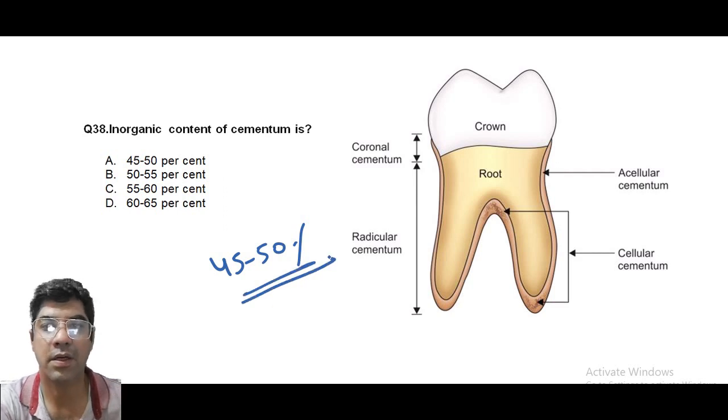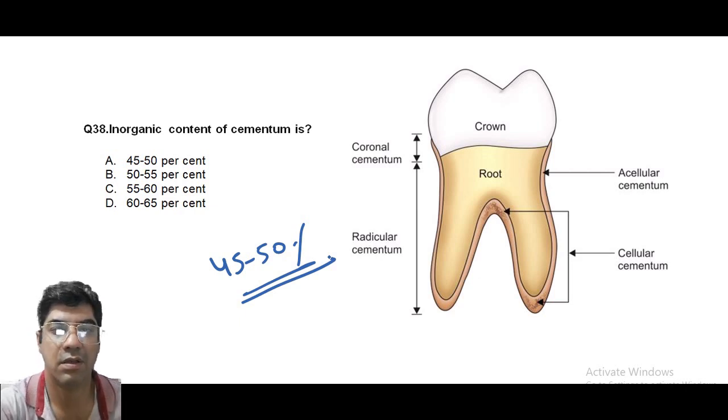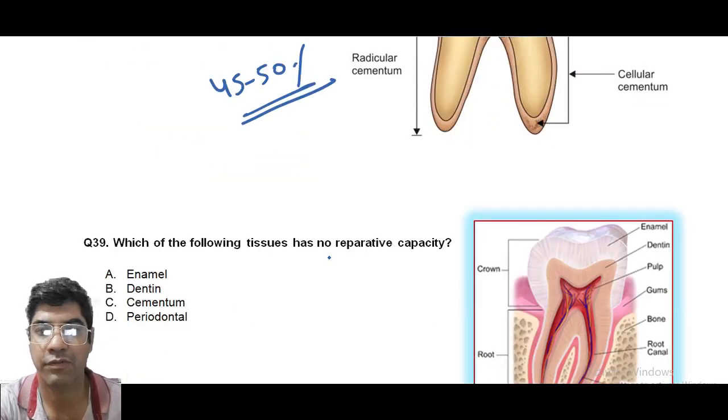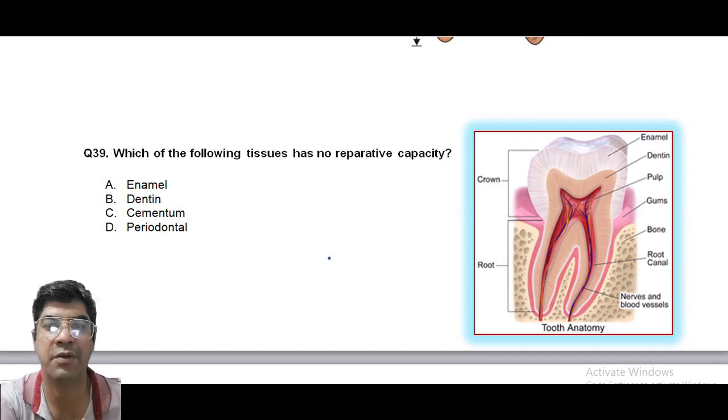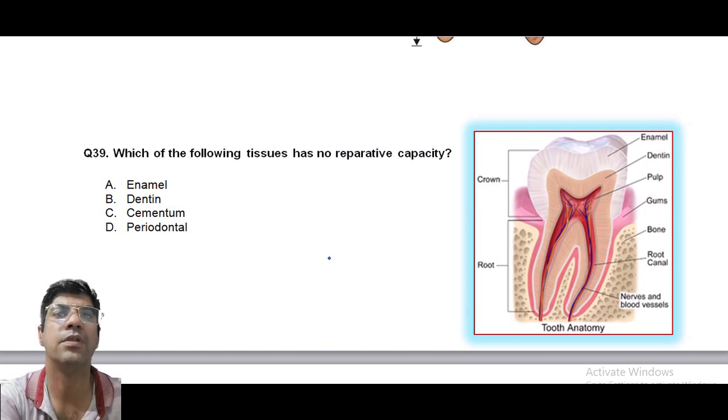The inorganic content of cementum is 45 to 50%. So 45 to 50% is the inorganic content, mainly the hydroxyapatite crystals that provide hardness and durability to the tissues.